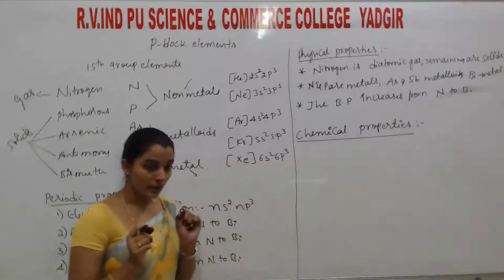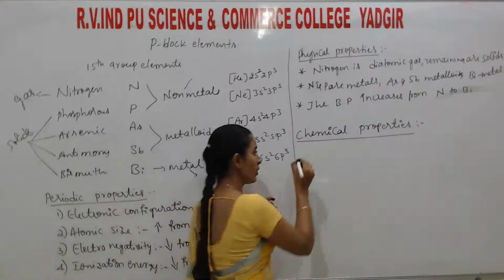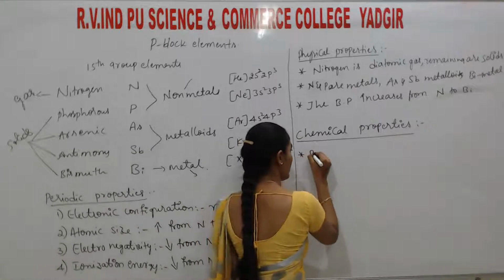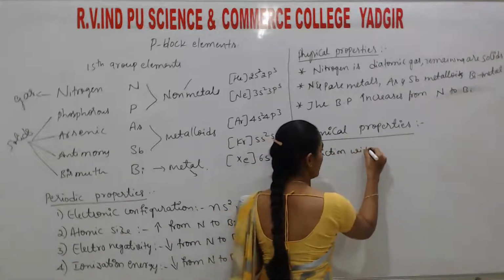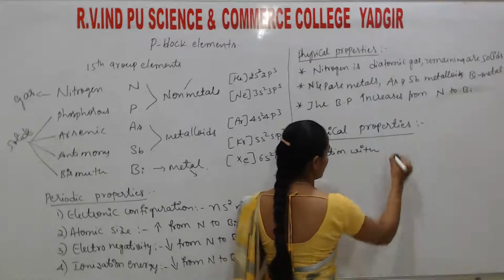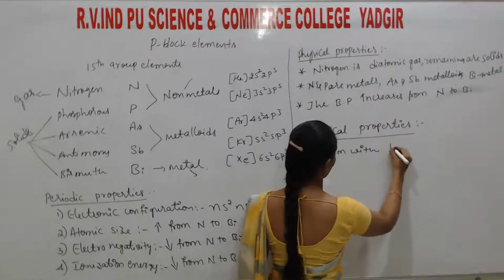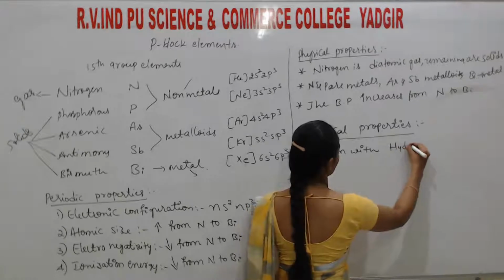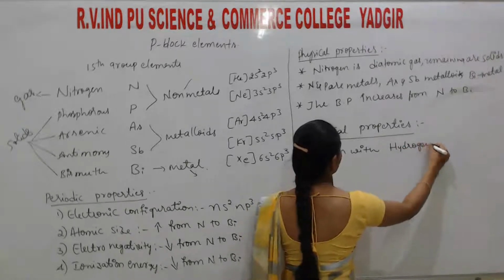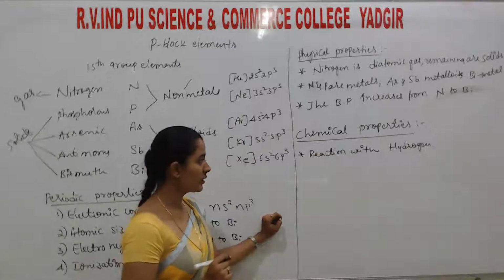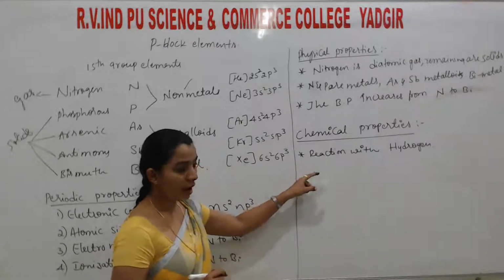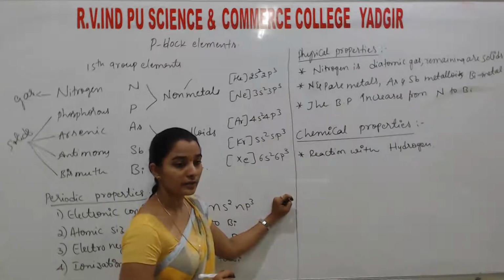Okay, so in these chemical properties, the first one is reaction with hydrogen. Reaction with hydrogen means they form hydrides. Understood?